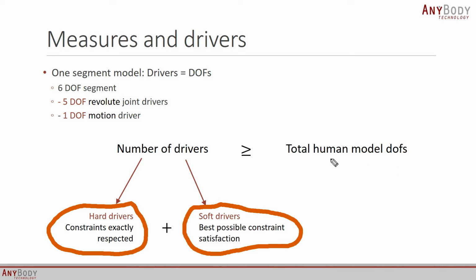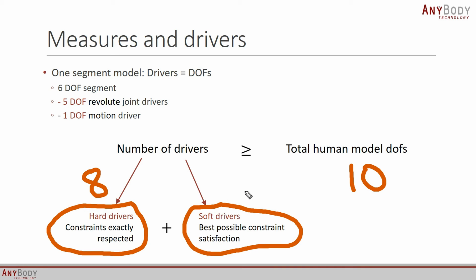So if I had a model which had, say, 10 degrees of freedom, the only thing that's important is that the number of hard drivers not exceed the total number of degrees of freedom. So I can have my hard drivers ranging from 0 to 10. Let's say I have 8 hard drivers. Beyond that, I can add any number of soft drivers that I want.